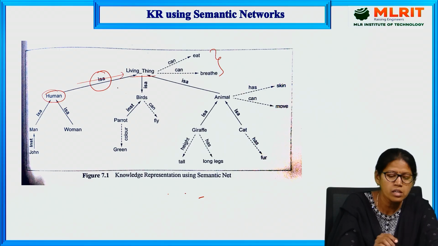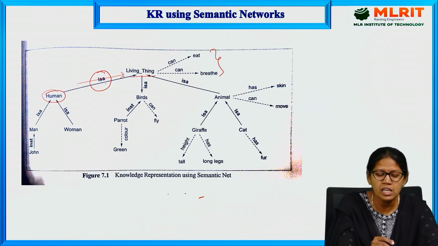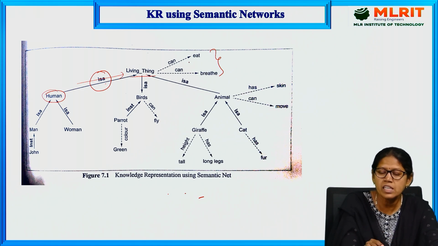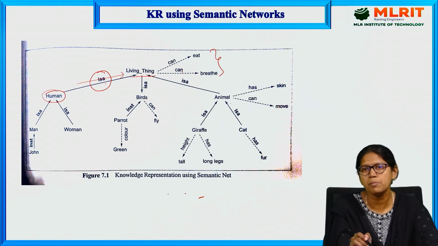So here the human is a living thing, bird is a living thing, animal is a living thing. Under living thing, these are all living things only. So we can say human can eat and breathe, bird can eat and breathe, animal can eat and breathe.